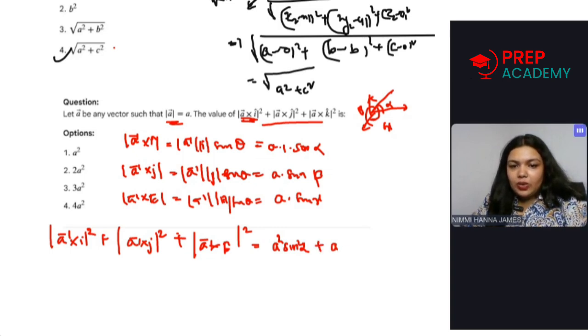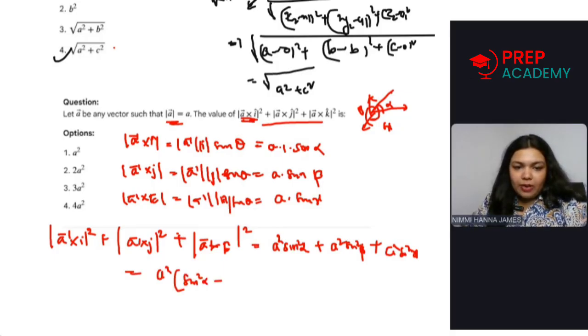Plus a squared sin squared beta plus a squared sin squared gamma. Now that is equal to, we can take a squared common outside. So a squared into sin squared alpha plus sin squared beta plus sin squared gamma.